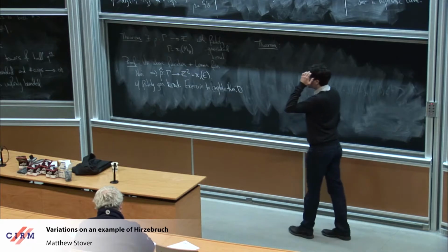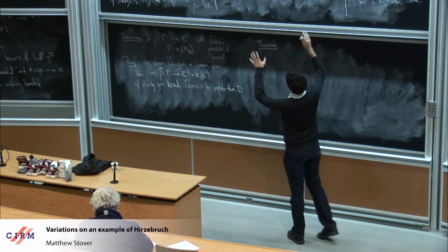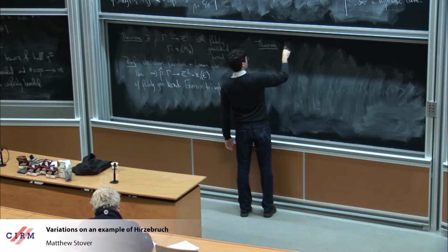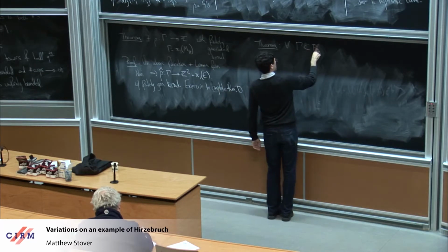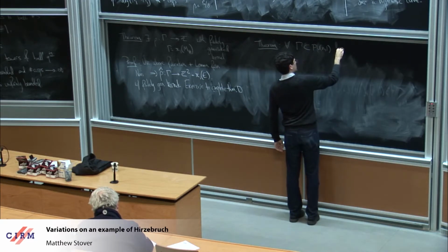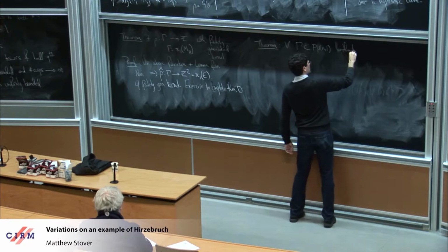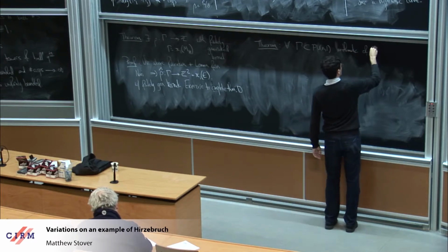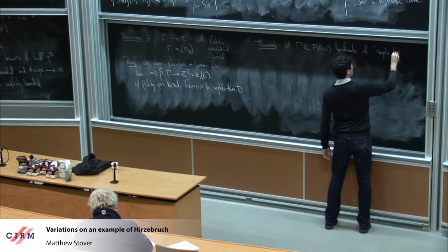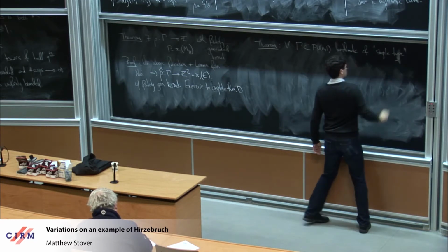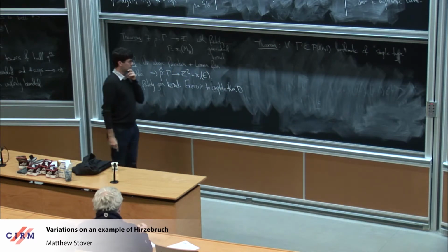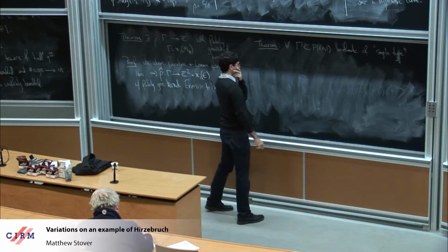I'll state something a little more, it's sort of off theme, but there is something more you can say, which is that for all gamma in PU(n,1), arithmetic of so-called simple type, this just means it comes from a Hermitian form rather than some more complicated division algebra.